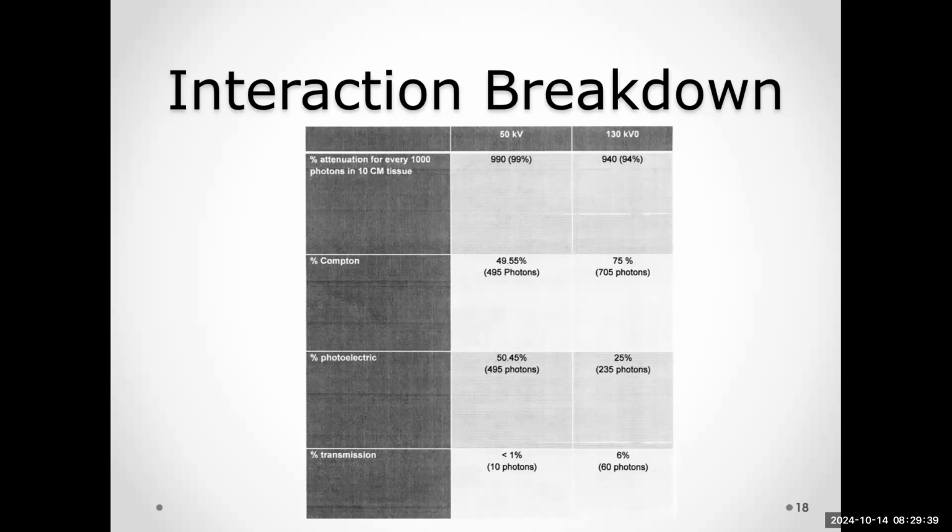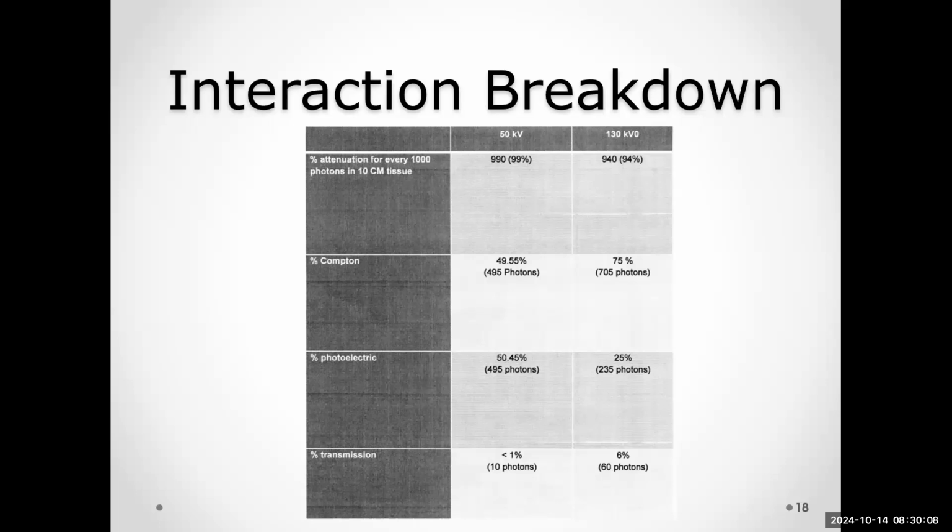Okay, it's a lot, right? At 130 kVp, we're going to have less. So about 94%, because at that higher kVp, overall, there's less chance of any interaction, right? As we said, at a higher kVp, there's a better chance they're just going to transmit through, no interaction.